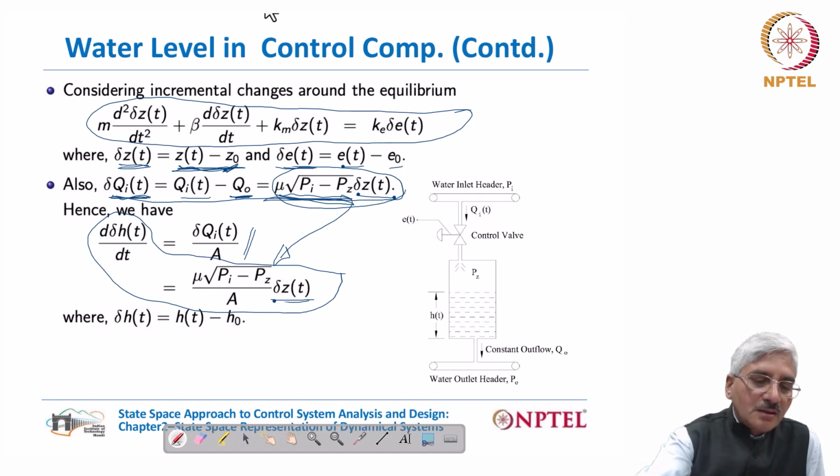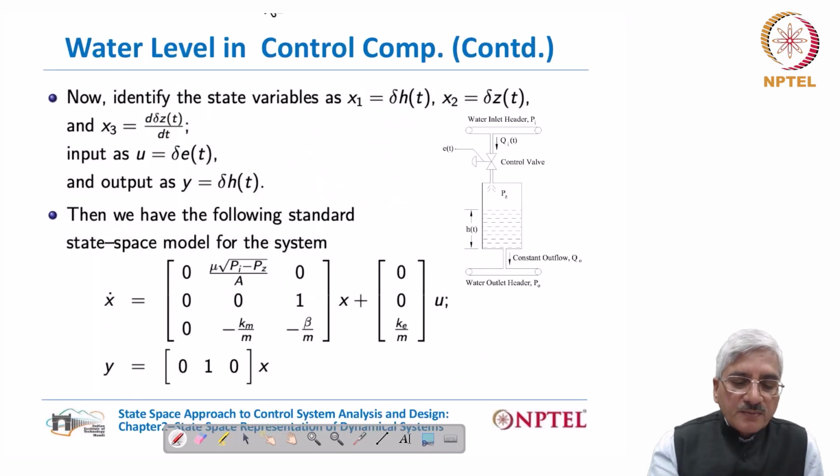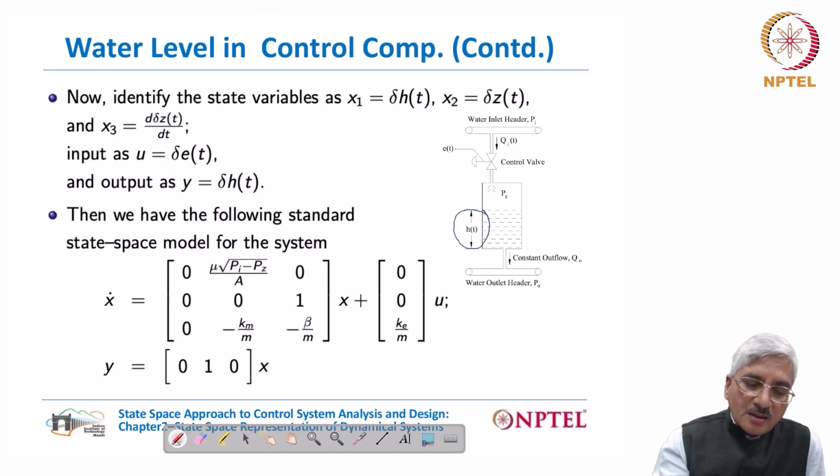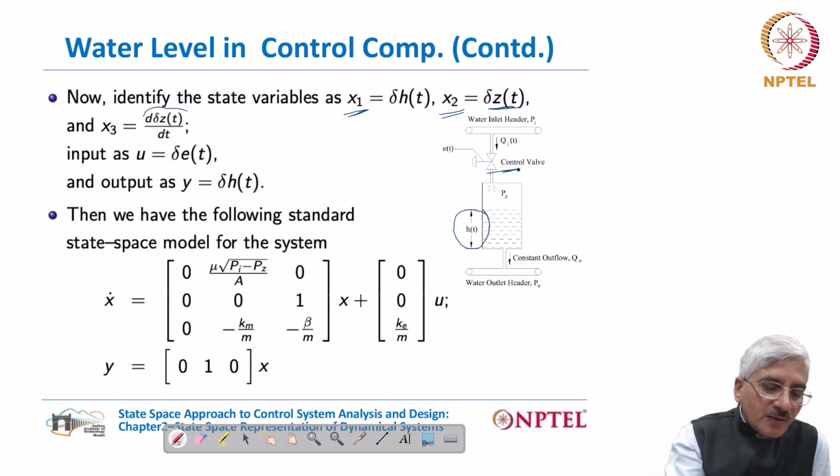And then the rest is to identify the state variables and to express the system in the standard state space form. So what we do is we identify the change in liquid height delta H as one of the states, the first state, and the change in valve position with respect to its equilibrium position delta Z as the second state, and the speed of the valve as the third state.